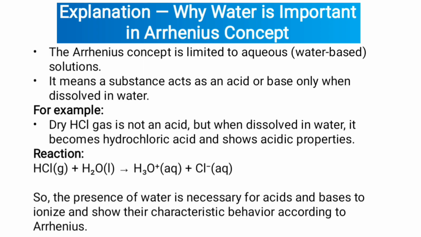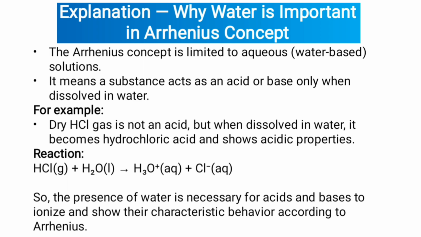Now, explanation of why water is important in the Arrhenius concept. My dear student, the Arrhenius concept is limited to aqueous, water-based solutions. It means a substance acts as an acid or base only when dissolved in water. For example, dry HCl gas is not an acid, but when dissolved in water, it becomes hydrochloric acid and shows acidic properties.